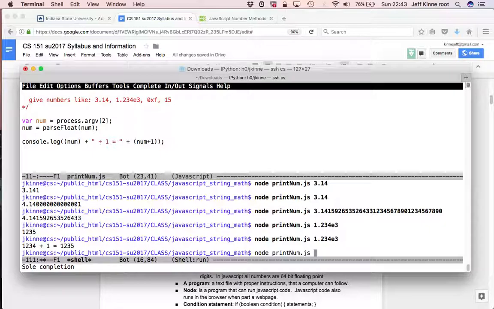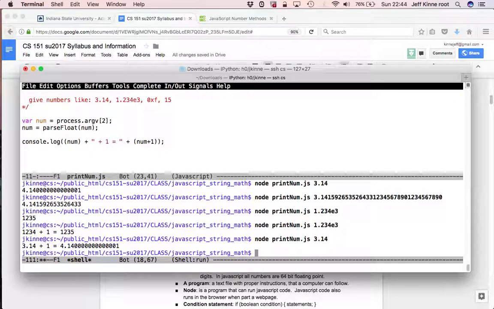Let's look at the 3.14 example. It's kind of interesting. 3.14 shows up fine, but then on the other side, it shows 4.14 with a bunch of zeros and then a 1, and maybe you know why this is, maybe you don't.